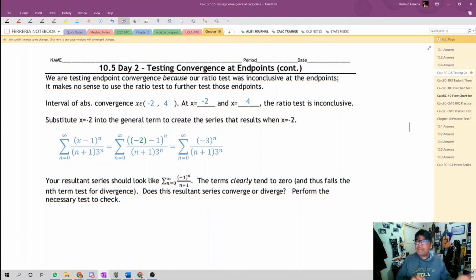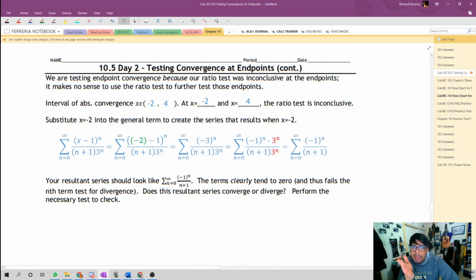Now, that (-3)^n, we've talked about simplifying that before. We can use properties of algebra to separate the -1 from the 3^n. So that's the same thing as (-1)^n 3^n. And so very neatly, when we cancel out those 3^n's, we just get the series (-1)^n over n plus 1.